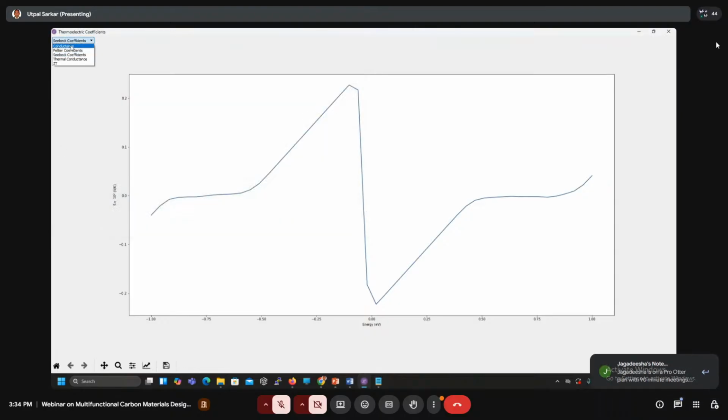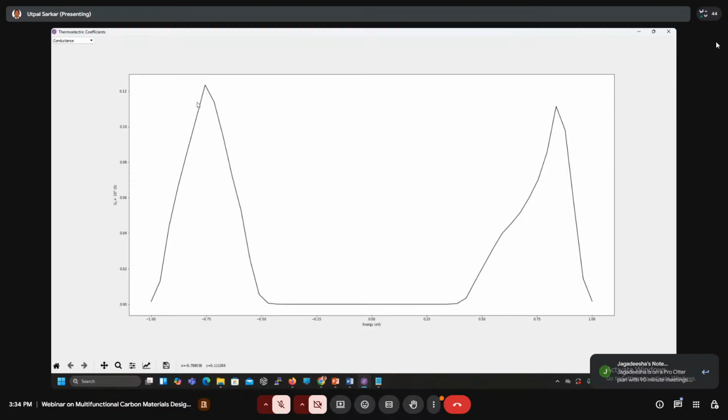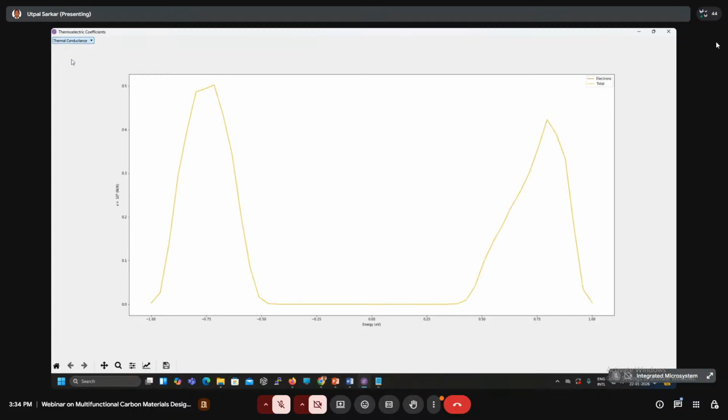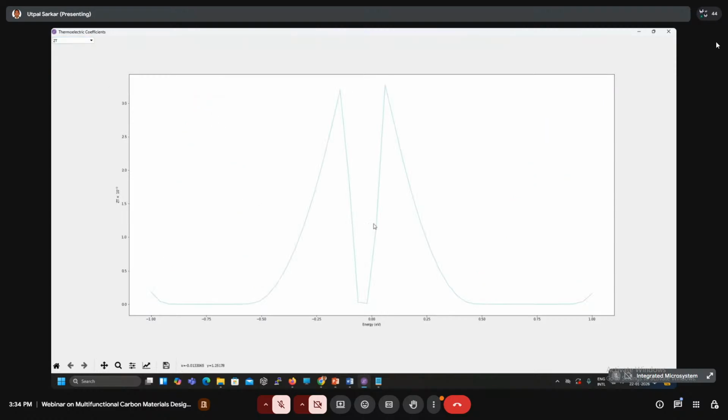Similarly, we can also calculate the conductance. This is the conductance plot in the energy range -1 to +1 electron volt. Similarly, we can get the thermal conductance, and this is the ZT. This is the ZT for the electronic thermoelectric coefficients.